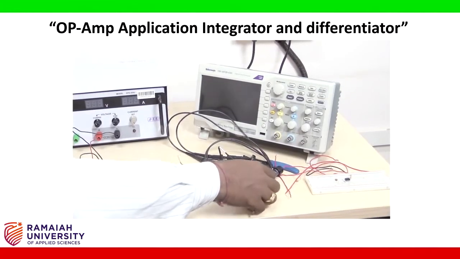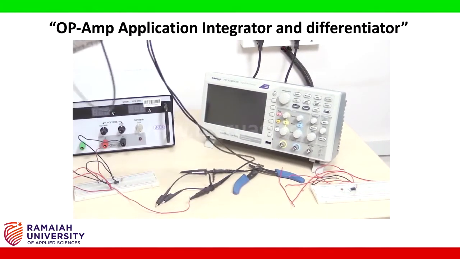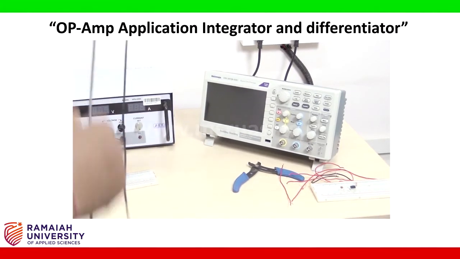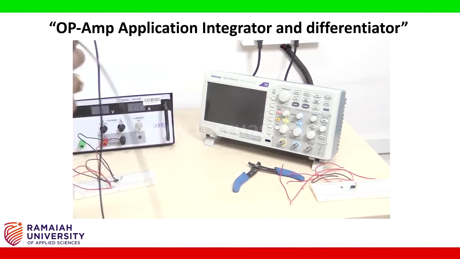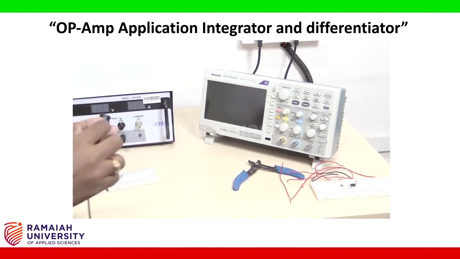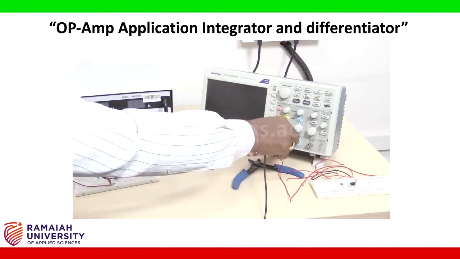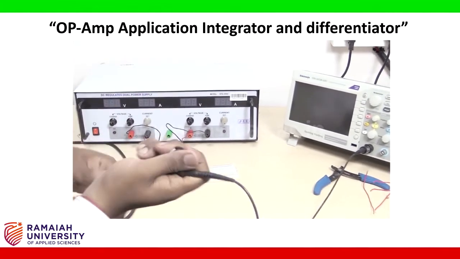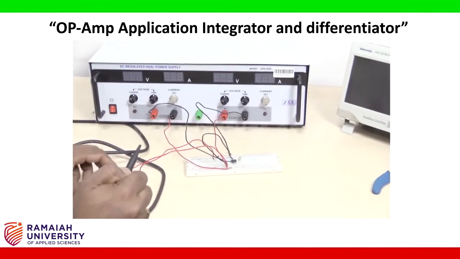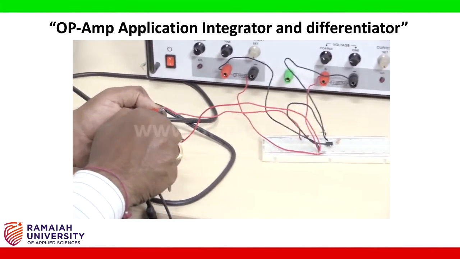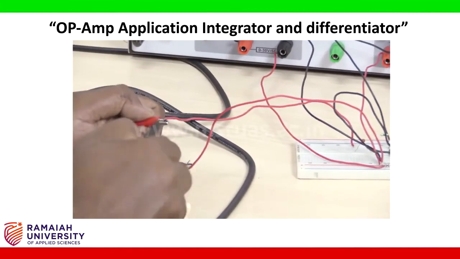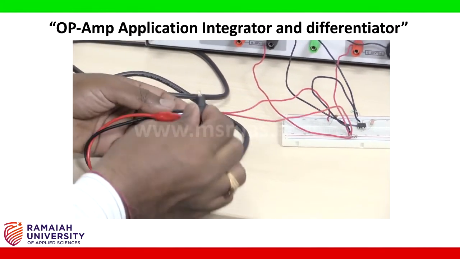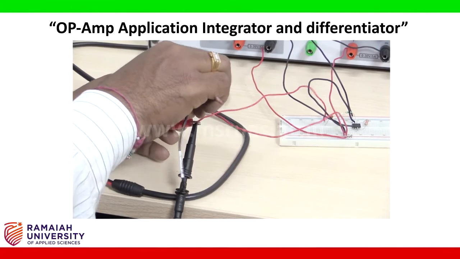Now I am going to connect the oscilloscope with 2 wires. I am going to connect the first wire to see the input, to port 1, and I connected the positive of the wire to the positive of the signal generator, and the negative terminal will be connected to the negative of the signal generator.